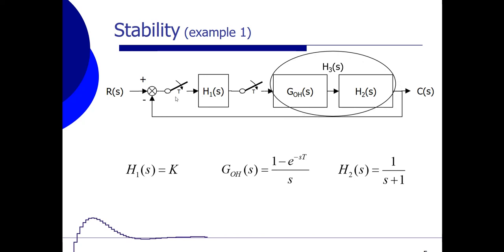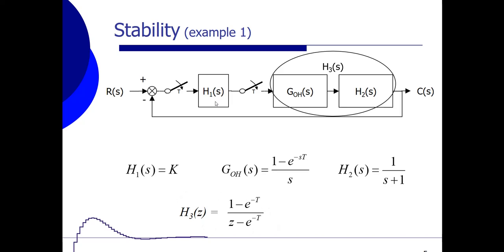This is a sampler and that is a sampler. So we have to take the Z transform of this complete expression, which is the cascade, or series connection, of the zero order hold times H2. When you work that out, you get this expression, and I will explain how we come to it.